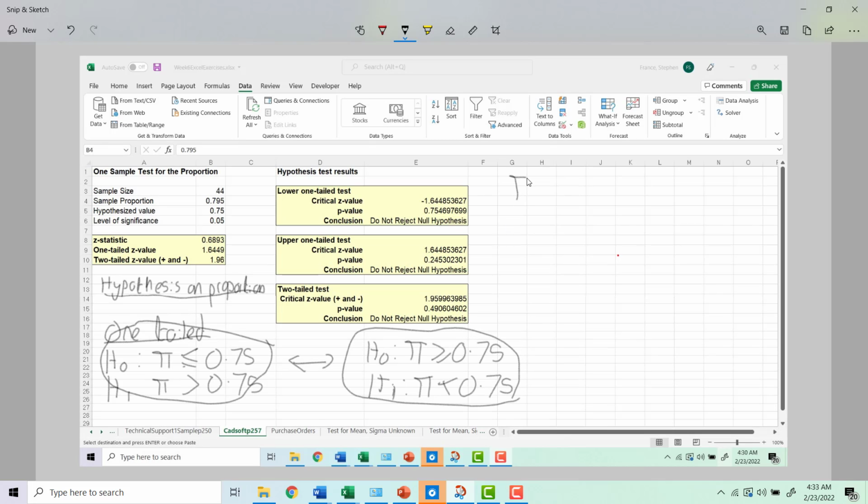We could also have a two-tailed version. And here the two-tailed alternative hypothesis just says, hey, it's not going to be equal to 0.75.